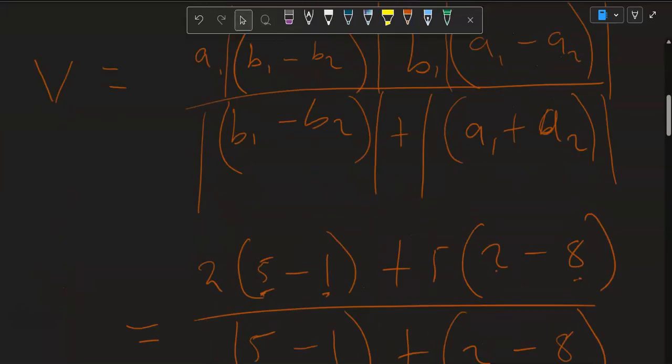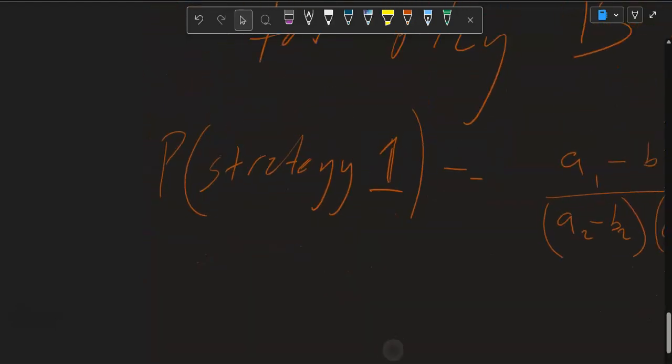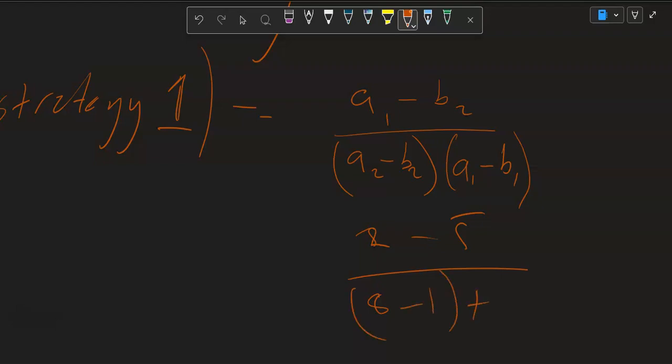So we go back to the formula and we input the values there. The values are A1, we know that is 2, minus 5, over A2, which is 8, minus B2, which is 1, plus 2 minus 5, isn't it?